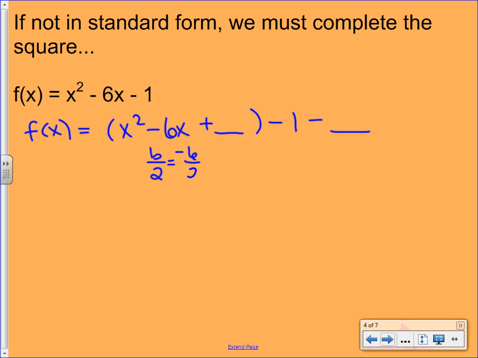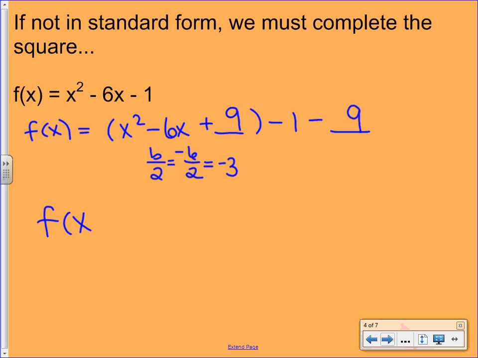And what's b over 2? It's -3. b over 2 is -3, and then we square that number. So we're adding and subtracting 9. We take b over 2, and we square it for our missing number.